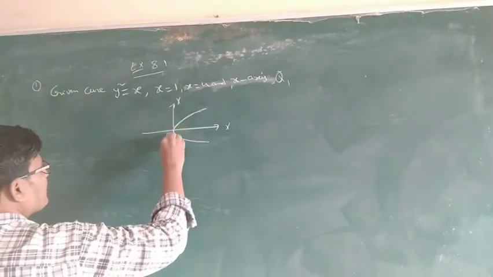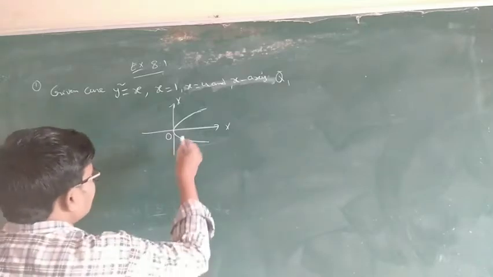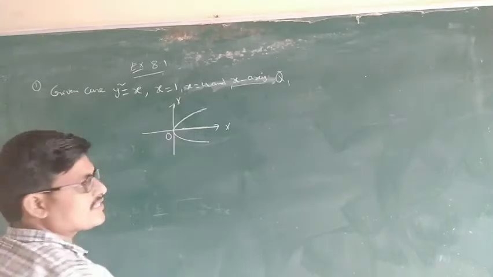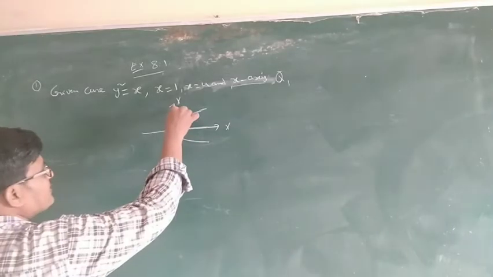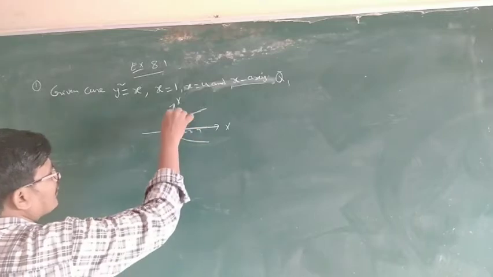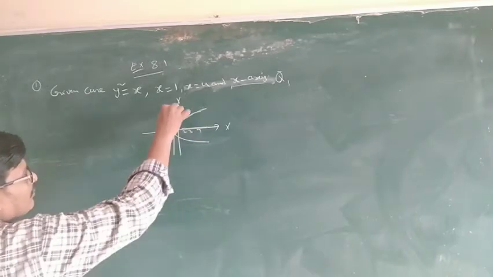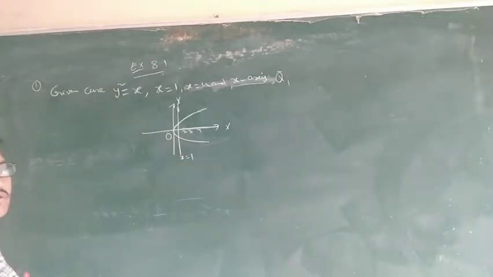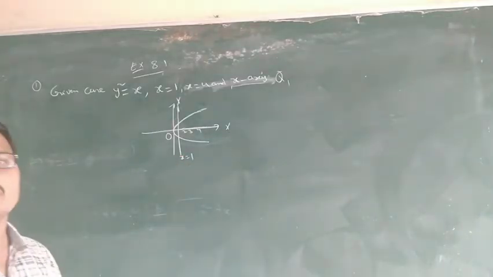The center is 0, 0. First the x axis. Next, x is equal to 1. This is 1, 2, 3, 4. X is equal to 1 means it is parallel to the y axis.